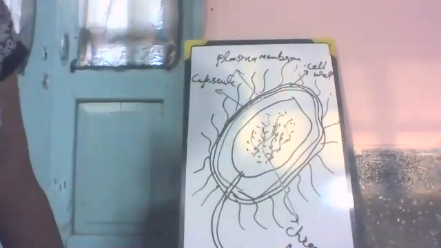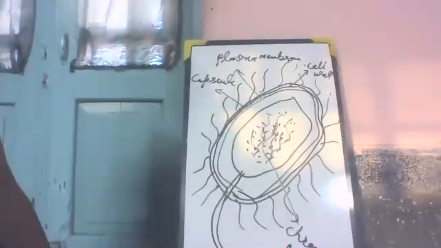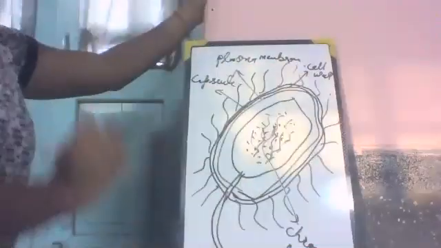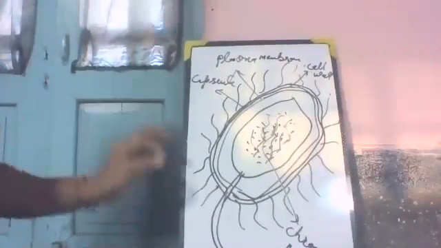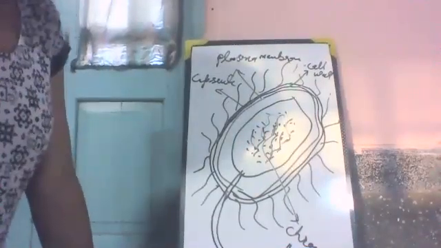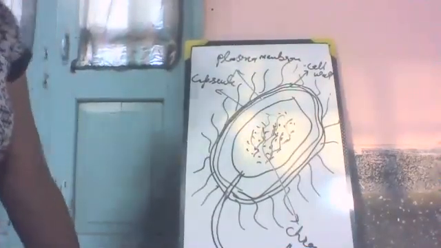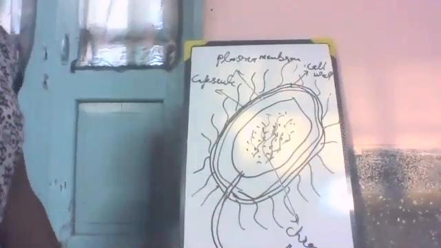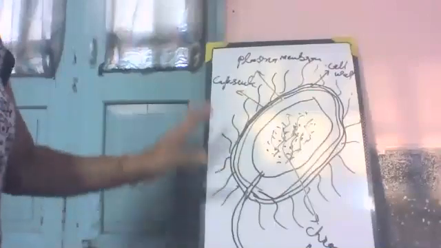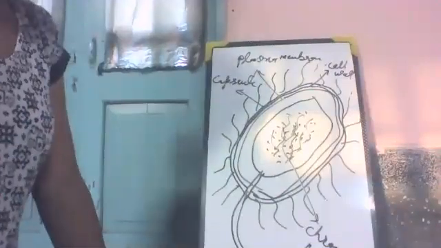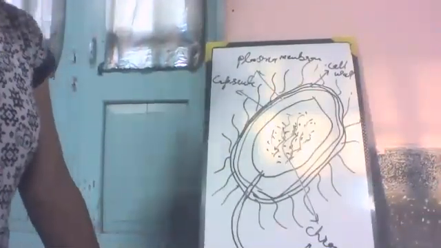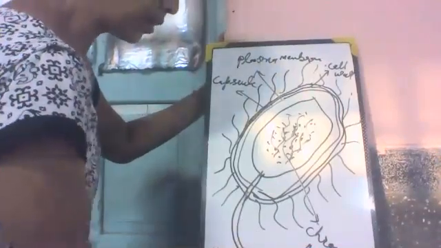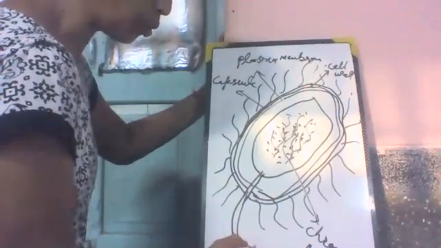It does not contain nucleolus, mitochondria, and plastids. These are the organelles of a cell which are not found in bacteria. Many bacteria have one or two flagella. This is the flagella.